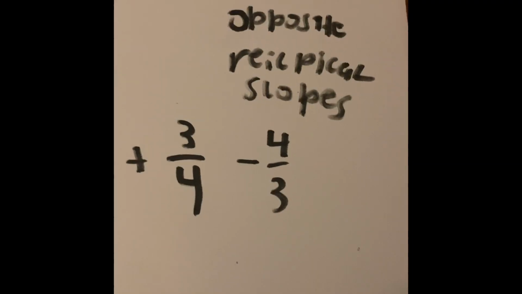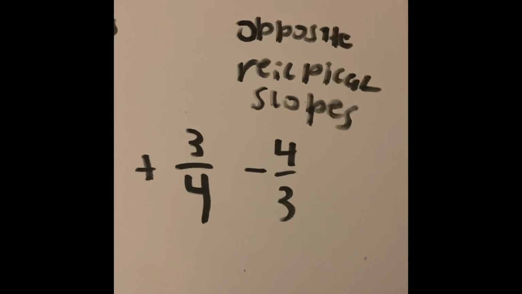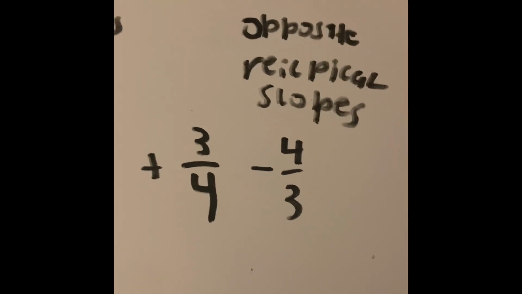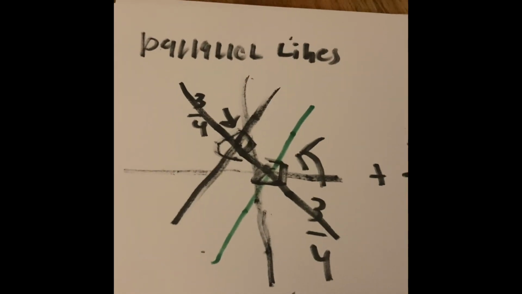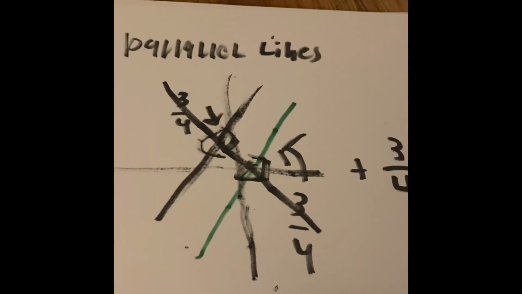That was an example of opposite reciprocal slopes. Slopes that can crash the party and make parallel lines perpendicular lines too.